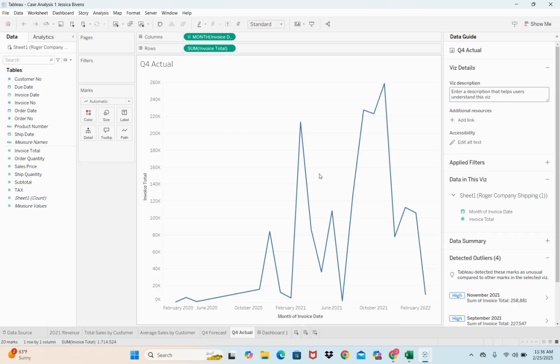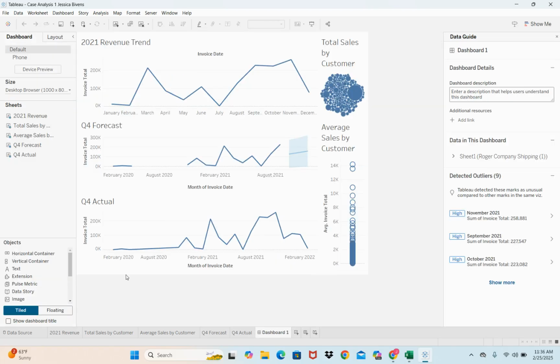After analyzing and recognizing all these differences, I created a dashboard and put all of these findings into one little picture here to give a comprehensive view of the data. As I showed earlier, when we compare the forecasted sales here to the actual sales, which is here, we can easily identify which months underperformed and which ones exceeded expectations.